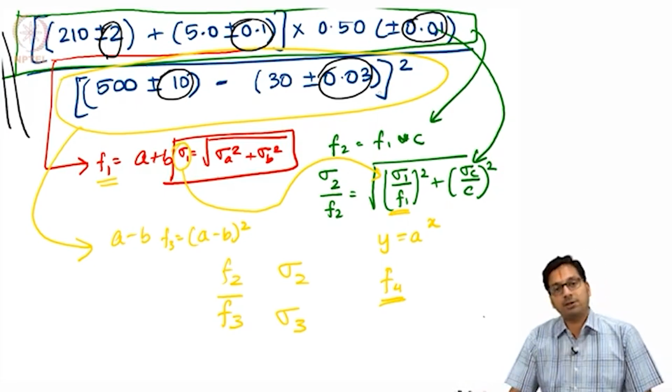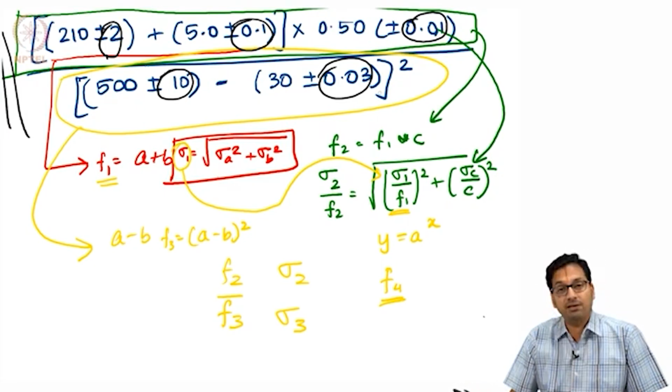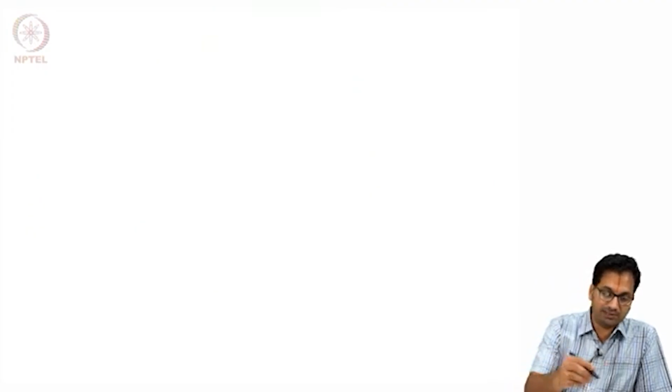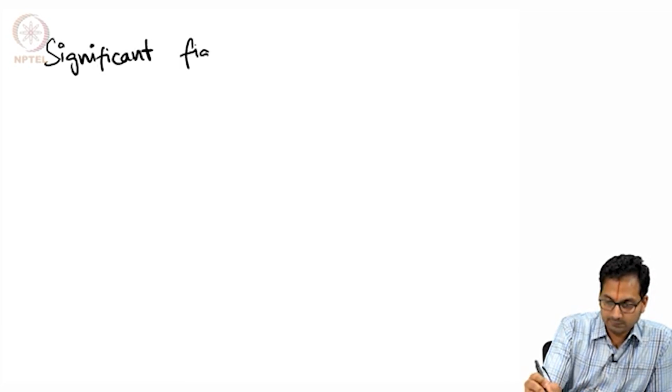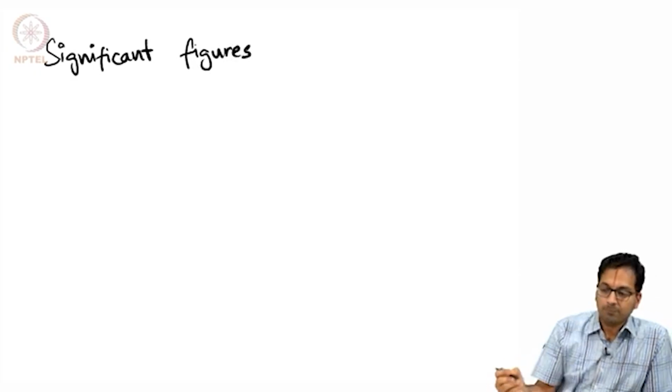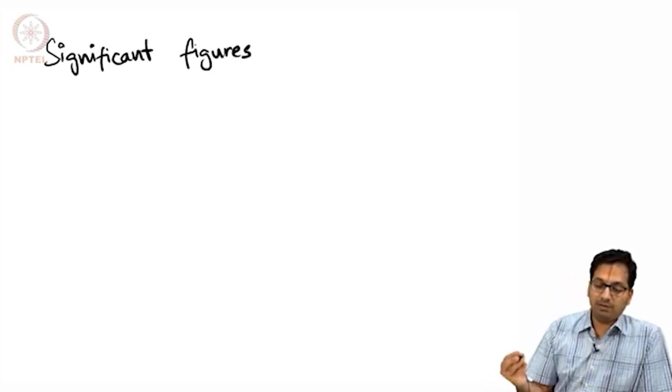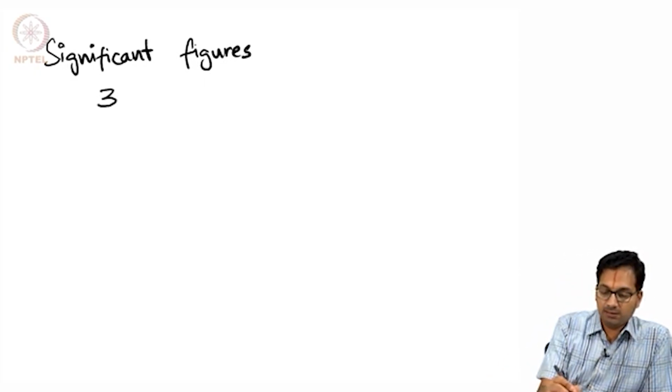So, this takes us to the concept of significant figures. So, let us quickly look at what significant figures are. So, significant figures, for instance, let us say you are providing something like 30.55 degrees Celsius.